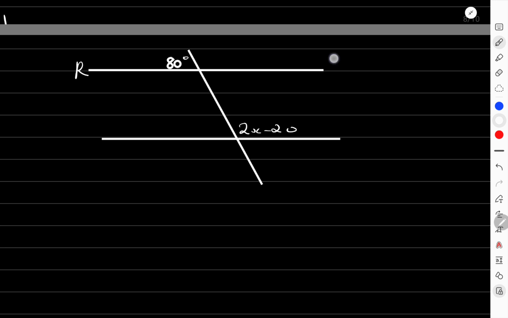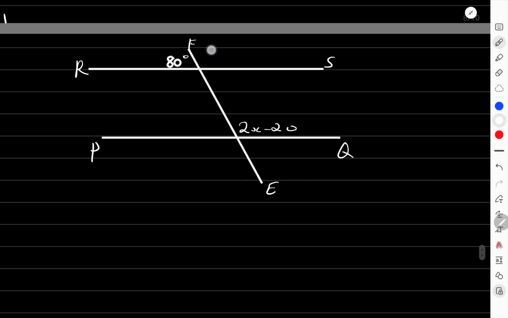I have R, S, P, Q, F, E. I'm required to calculate the value of x, but then here I have A1. It is not an angle, it does not mean that here I have 1 degree. No, it is A1.